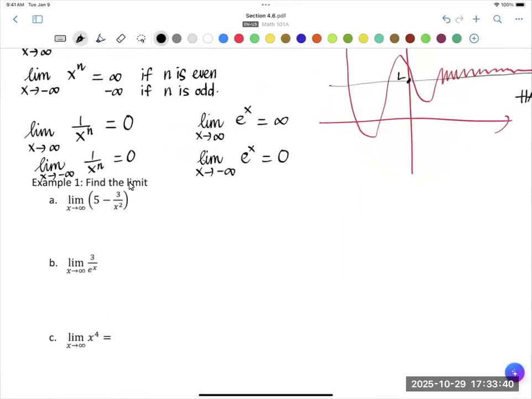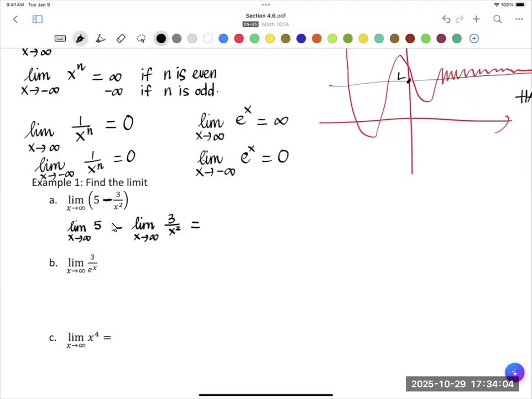So I want to find the limit as x approaches infinity of 5 minus 3 over x squared. For the subtraction, we know that we can break it down into the limit as x approaches infinity of 5 minus the limit as x approaches infinity of 3 over x squared.